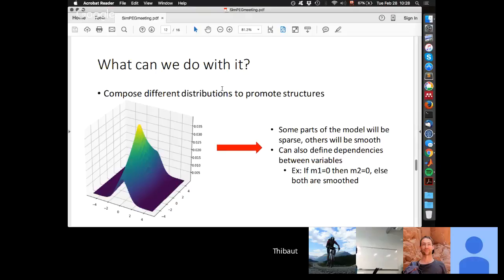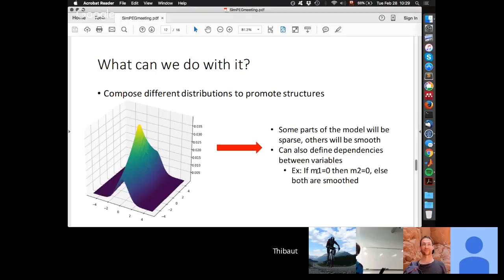This one is one slide for very complex things. People in machine learning call that structured sparsity. The basic idea is that you apply different norms to different parts of your model. You can even compose them, and you can even put the same parameter in different norms. So then you can deal with dependency between your model parameters.